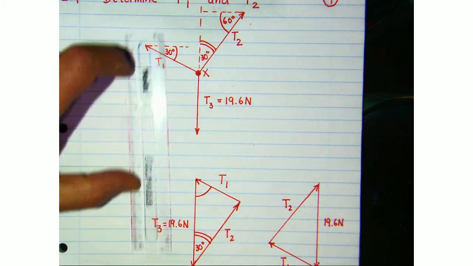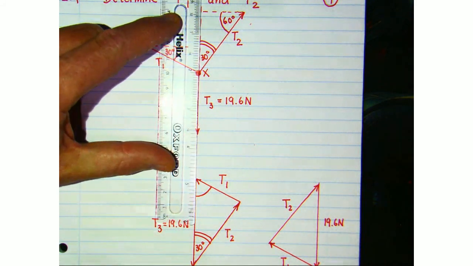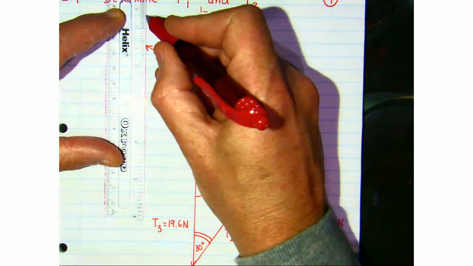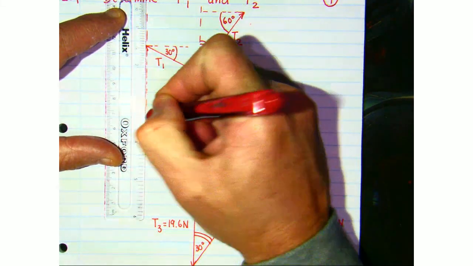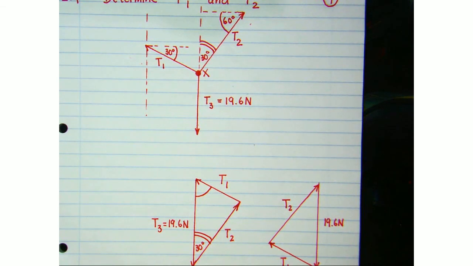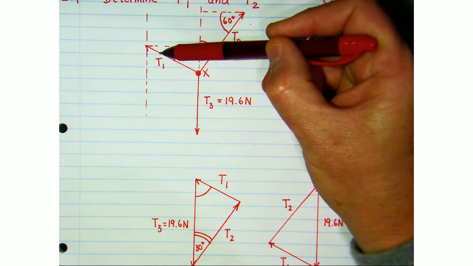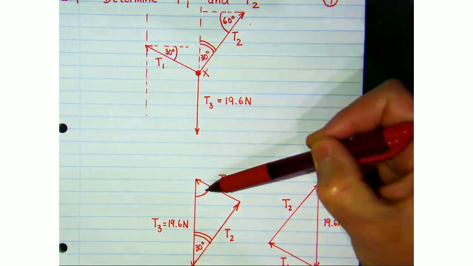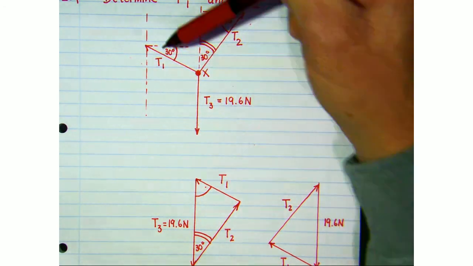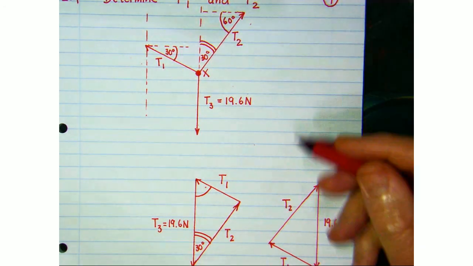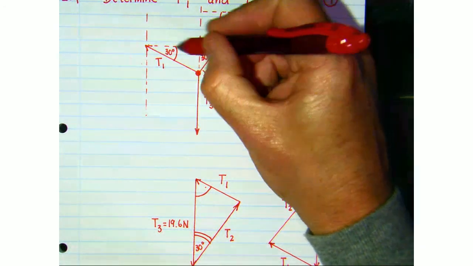If I draw another vertical line through T1, that's the vertical plane. And then I can see it's the angle between T1 and the vertical. This angle is the angle between T1 and the vertical. And that's 60 degrees.